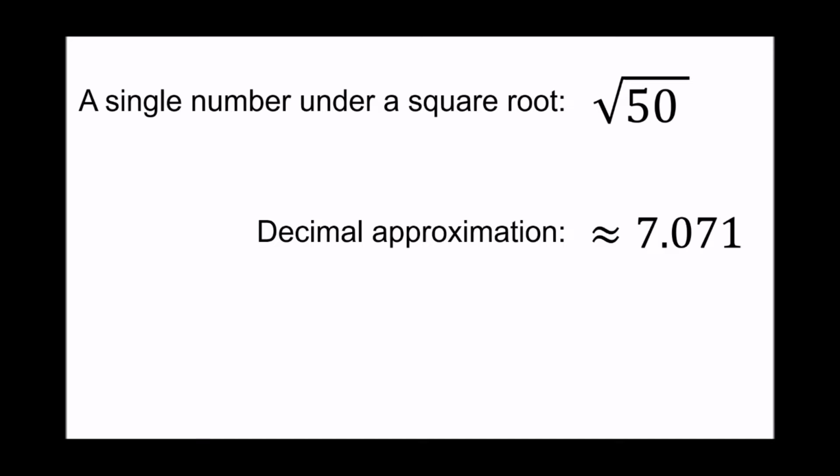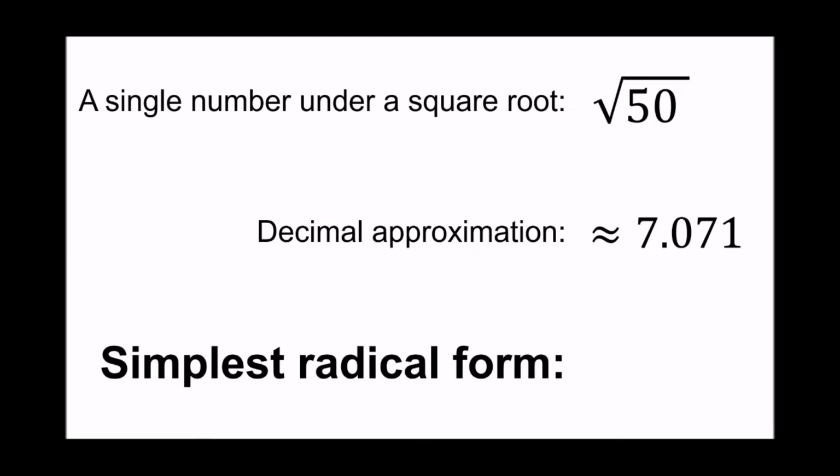So these both have their uses, but as you get into more advanced math and science classes, you're going to be dealing with yet another form, a third form. And this third form we call simplest radical form, okay? So we're taking the same number, square root of 50, and rewriting it something like this.